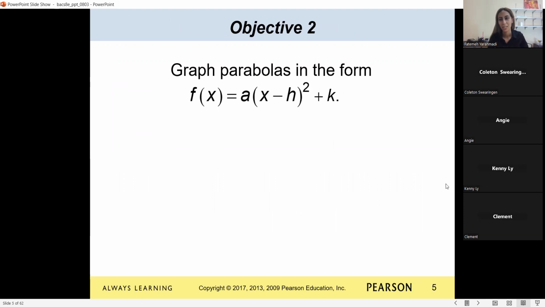So when you're talking about the graph of parabolas, we can also rewrite the quadratic function in the form a(x minus h) to the second power plus k. You can convert this into ax squared plus bx plus c, or we can keep it as it is.